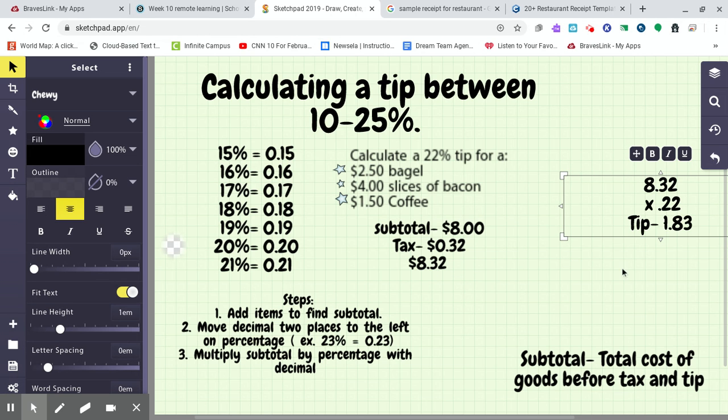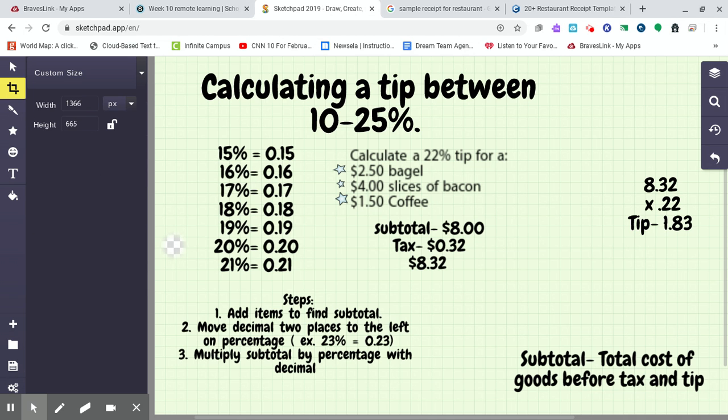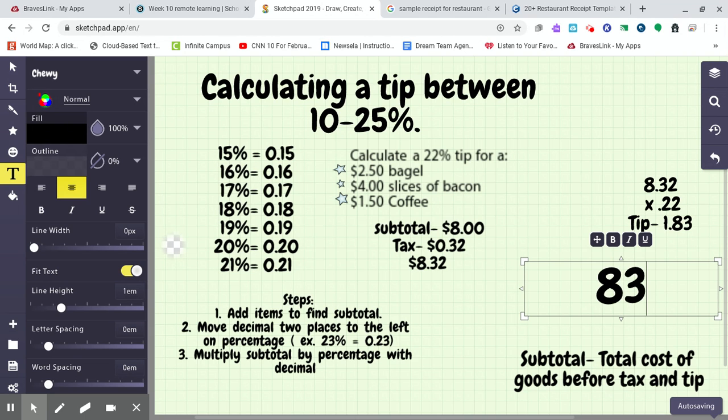So I'm just going to add that column or that text right here. So let's get text out. So now we have $8.32, and we're going to add to that our tip of $1.83 to get our total.